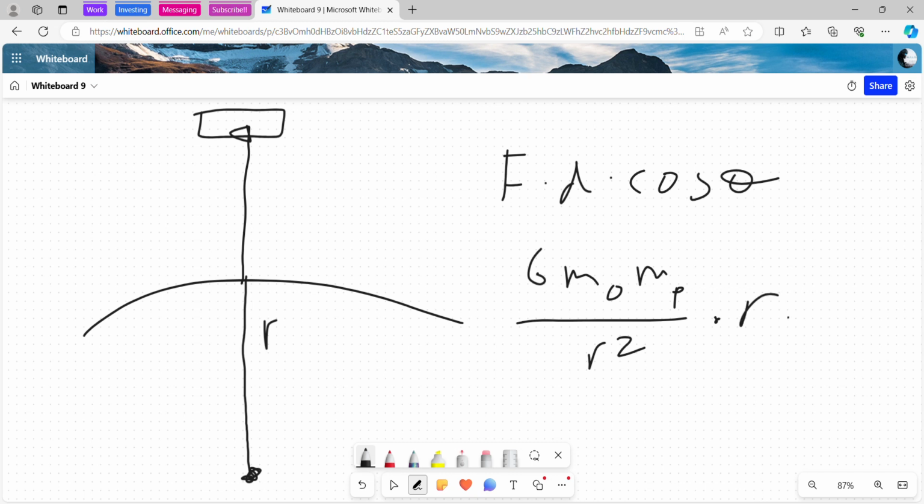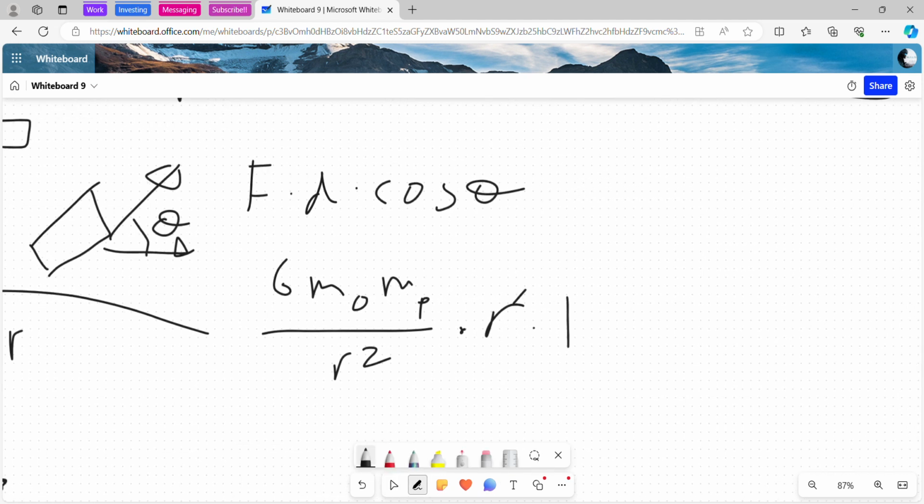So what I mean by cos theta is, say I've got a suitcase here, and we're pulling the suitcase in this direction, but the suitcase is moving in this direction. This angle is theta. So here, the force is pushing the book down, and the book is also moving down. So cos theta is cos 0, which is 1.